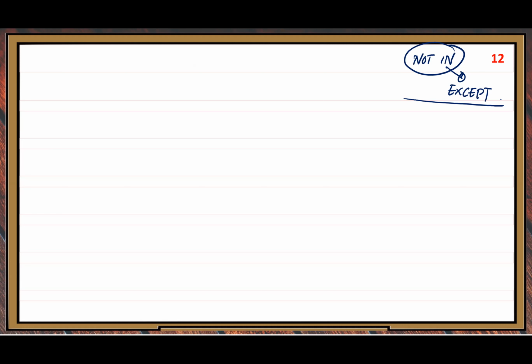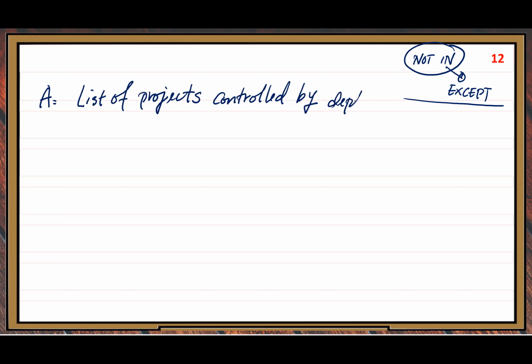But here, that double negation is the hardest part. Set A is the list of projects controlled by Department 5.